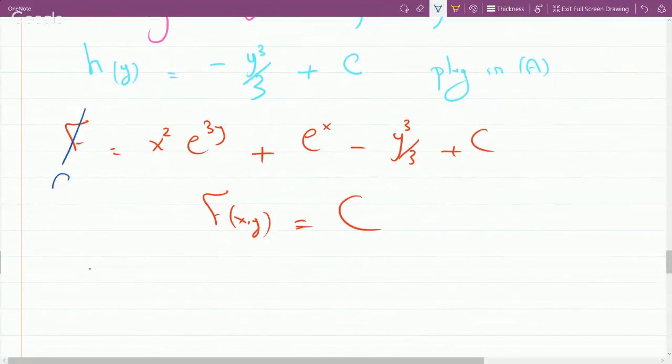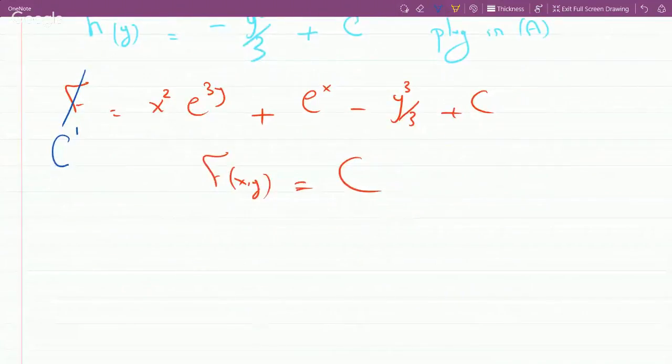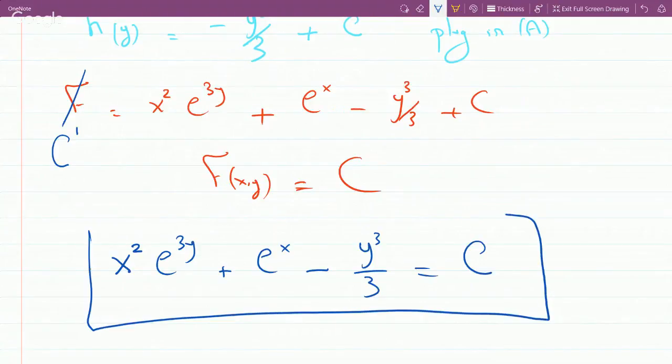So I can make this, let's say, a c prime, and c prime and c will just add to another c, and my final answer will look like x squared e to the 3y plus e to the x minus y cubed over 3 is equal to c prime minus c, which is just another constant c. So this would be the solution of the differential equation.